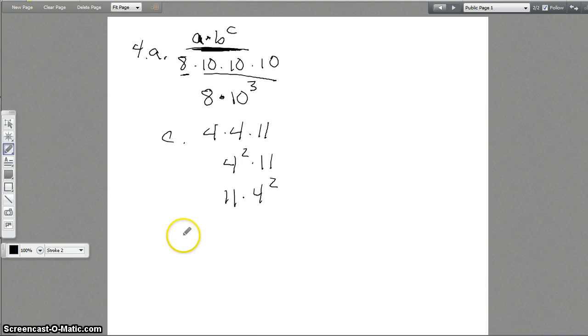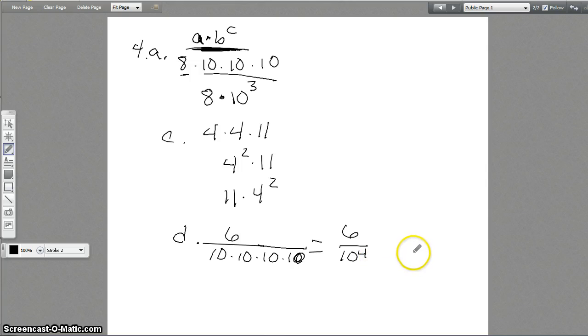The last one we're going to do from number 4 is part D. Part D is 6 over 10 times 10 times 10 times 10. Okay, so we can see that this is 6 over 10 to the 4th, but that is not in the format that it asks for. We want a times b to the c.